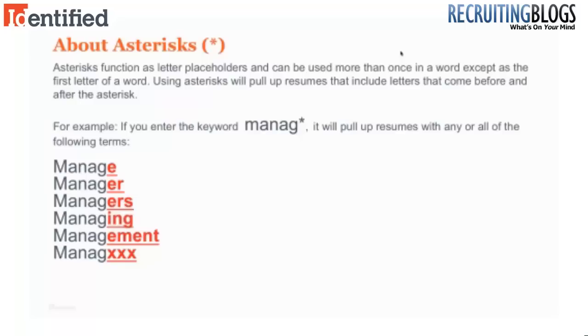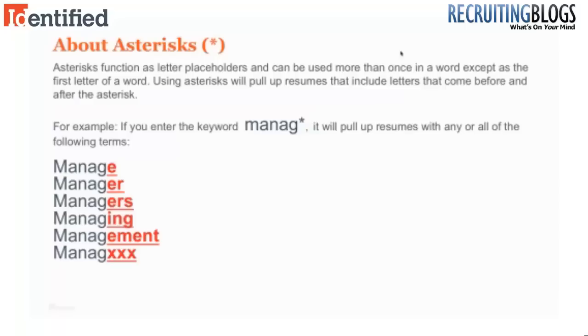If we drop down to the column of words there, it's going to pick up managed, where the wildcard stands for E. Then if you have manager, the wildcard will stand for ER. Going down, the wildcard will stand for ERS, ING, EMENT for management. If for some reason you had the word M-A-N-A-G-X-X-X, this M-A-N-A-G wildcard would even pick up that word, even though it makes no sense. So that's the wildcard asterisk.